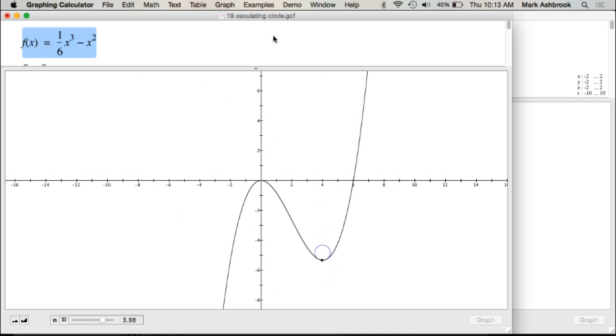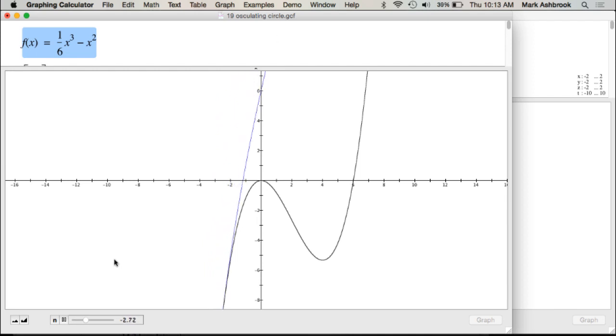It's tangent to the curve, and it has the same curvature as the curve at that point. So where does this function f, 16x cubed minus x squared, have the highest curvature? At the local max and min. Do you see that at the origin there and this local min, the graph has the highest curvature.